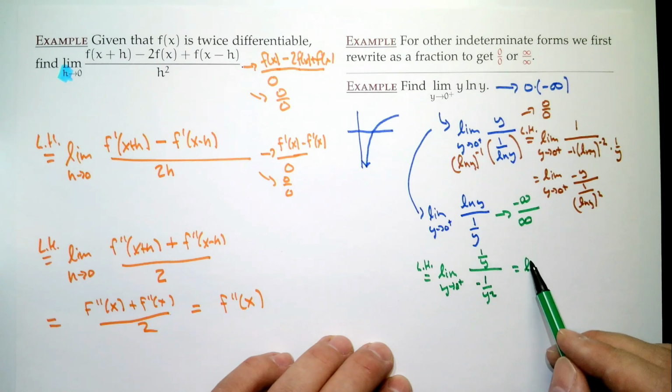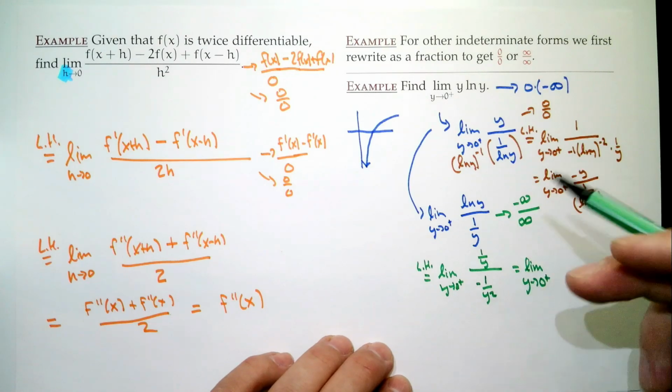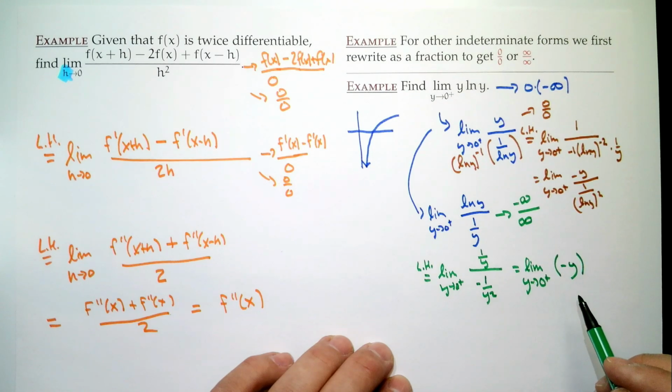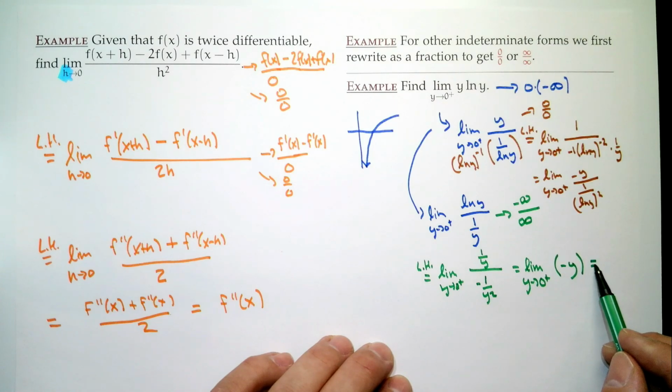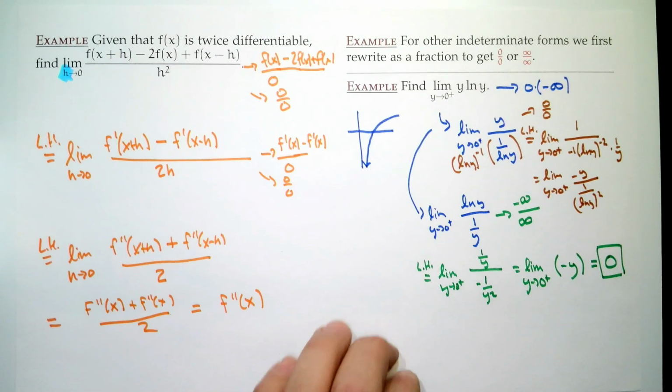Now, clean it up. That's the limit as y goes to 0 from above. And then if I take this 1 over y squared and flip it, move it to the top, it becomes negative y. Now, you'll notice this is nicer. In particular, what's this limit? 0. So it can make a difference which choice you make.